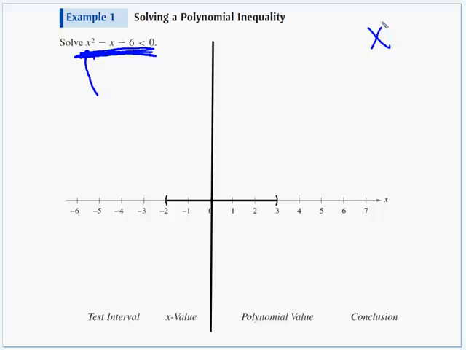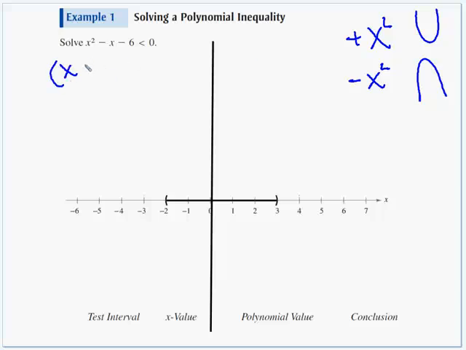Remember, if it is a positive x squared, it's a parabola opening up. If it is a negative x squared, it's a parabola opening down. When we first started this problem, we factored it, and we got x plus 2 and x minus 3, and we found the zeros of the polynomial. On the number line, that was what chopped up our intervals.